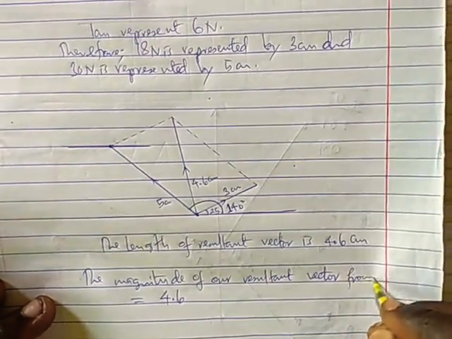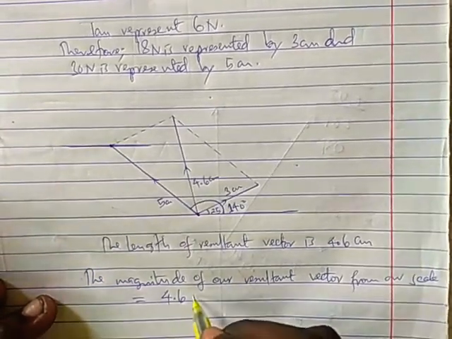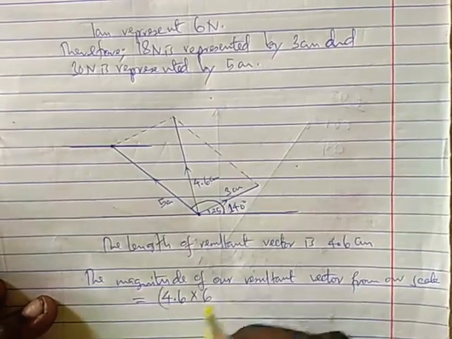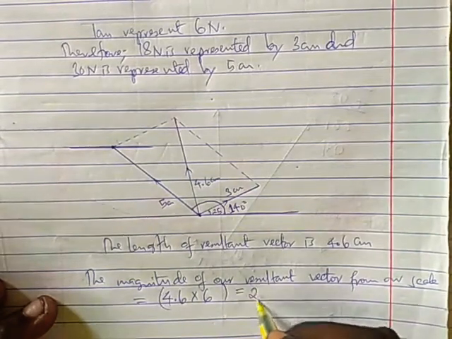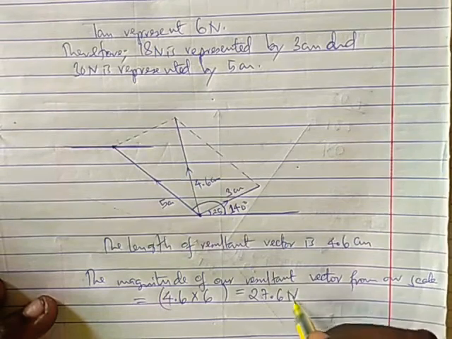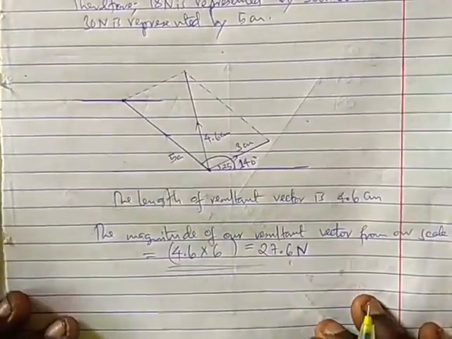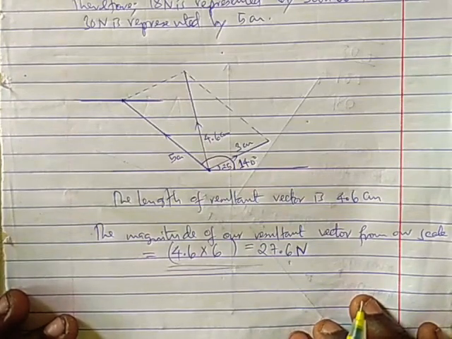Hapa ni from our scale, kutoka kwenye scale ambayo tumetumia ni 4.6 times 6 ambayo tutapata ni sawa na 27.6 Newton. So hiyo ni resultant vector magnitude.